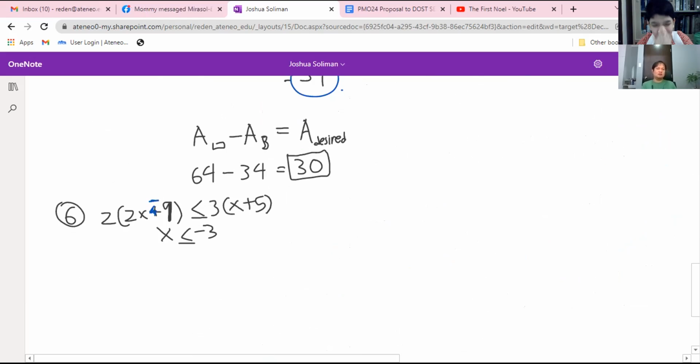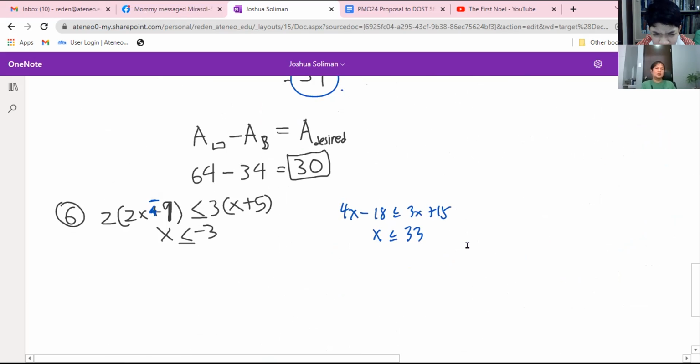So let's say we make that 2x minus 9, you would end up with 4x minus 18, let's say 3x plus 15. So we'd end up with x less than or equal to 33.